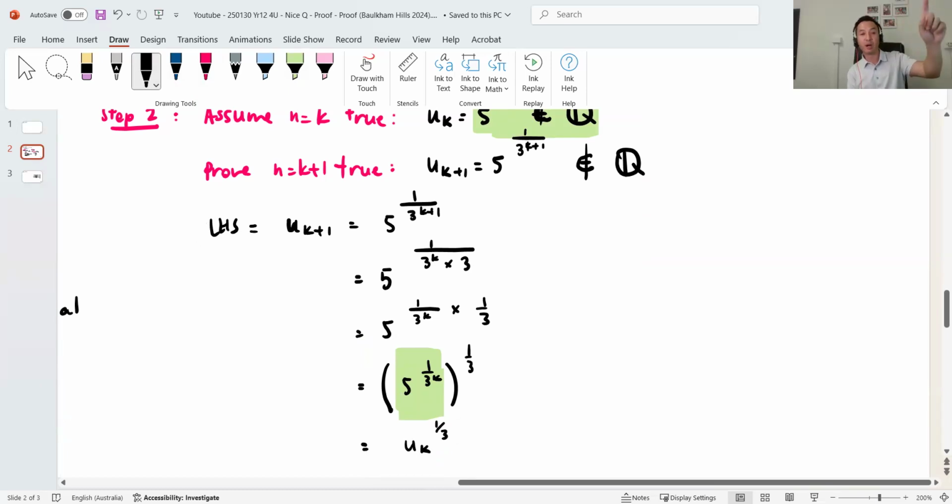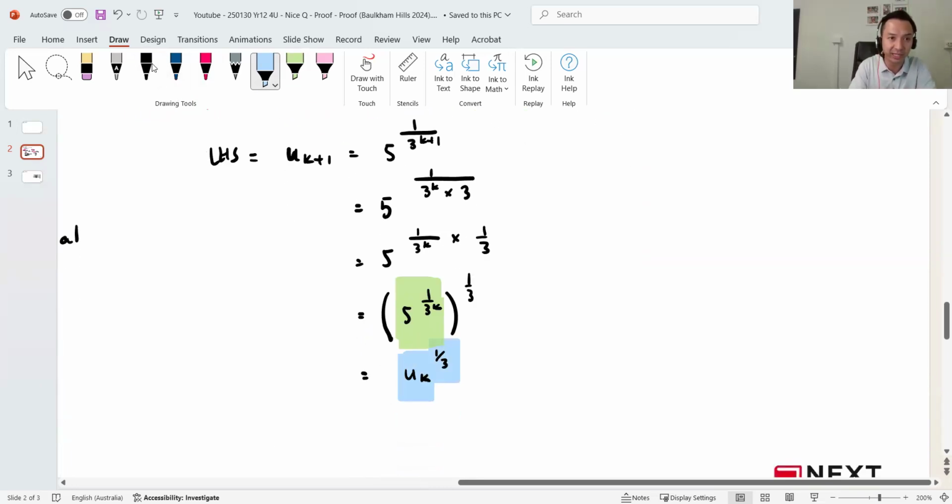Now, from part 1, we know that any term that's irrational, having a cube root of it is irrational as well, right? So from 1, I can safely say that this guy here is going to be irrational, right? Anything that's irrational to cube root is also irrational, right?